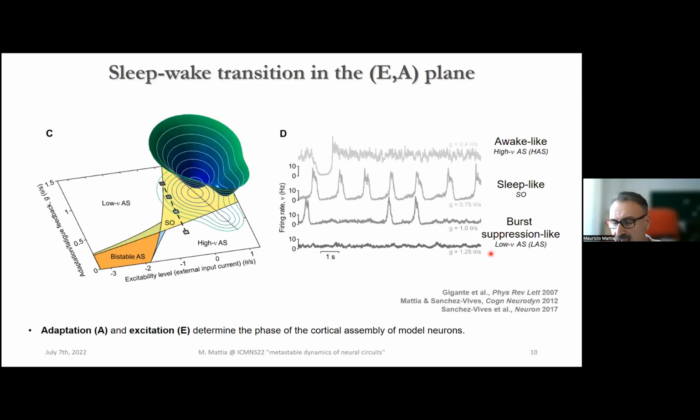Okay. Once you have these 2 variables, you see that these 2 degrees of freedom are also capable of describing the different regimes this network can express.